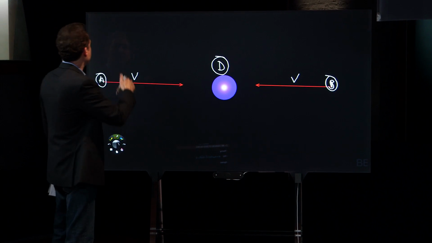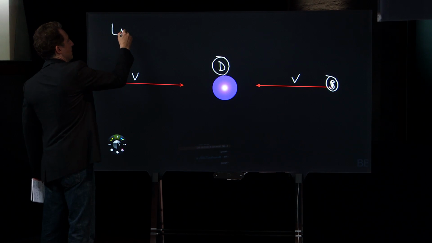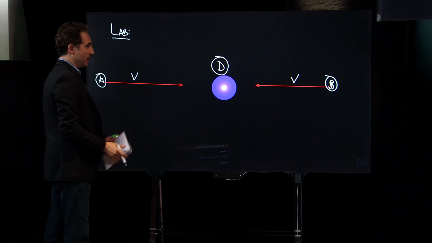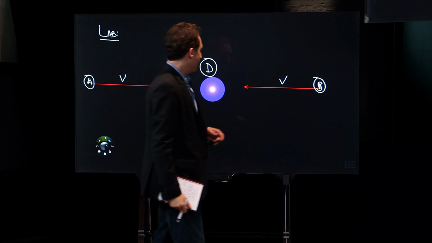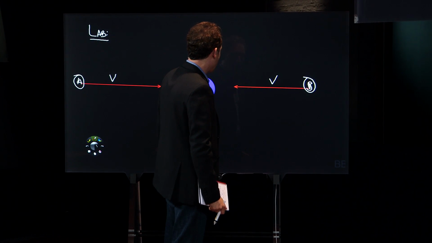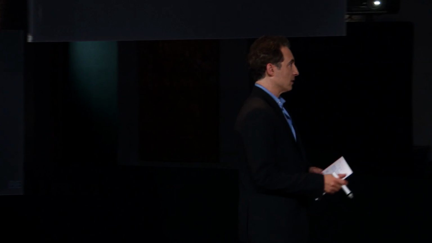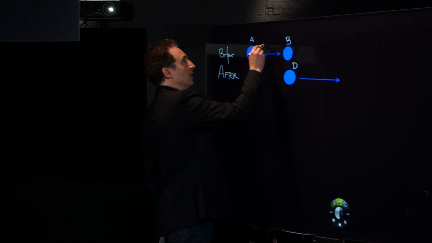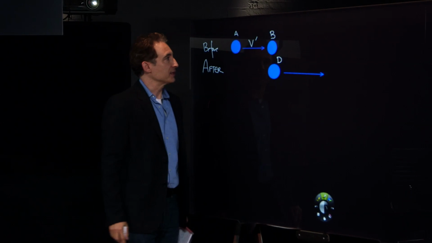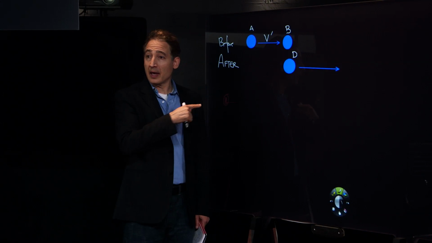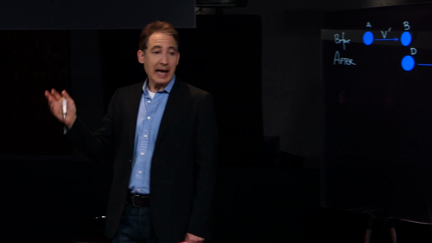So if that is the picture from the lab point of view, then from the moving frame, which makes particle B stationary, there is a standard calculation that we are now quite familiar with to determine the velocity v prime of A in the moving frame. All right? How do we do that?